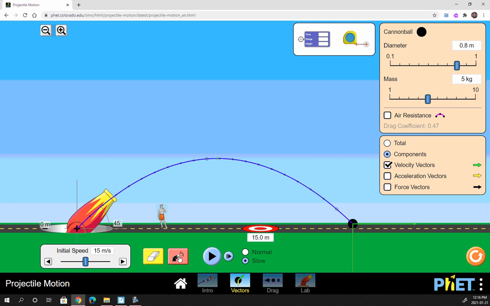So let's erase that path. And let's show the acceleration vector as we launch this. Here we go. There we go. Take a look at the acceleration vector. It never changed. Let's do it again.